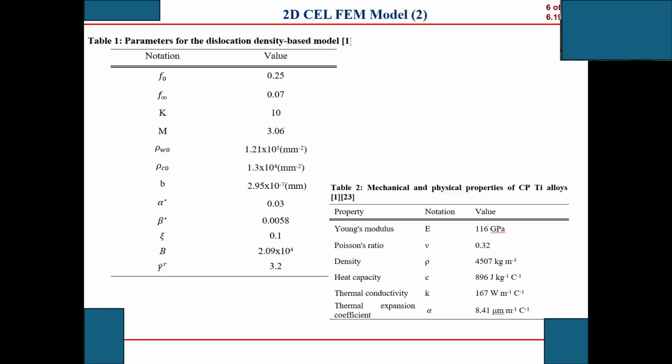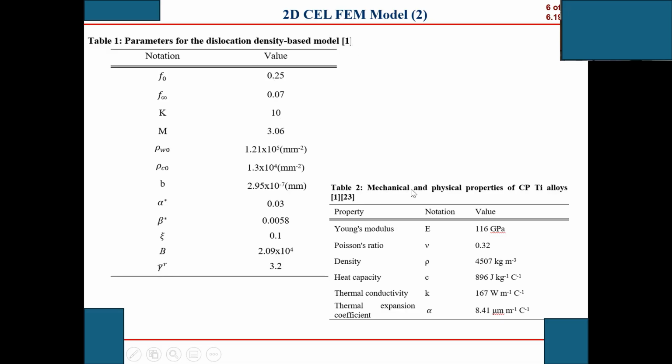And then we talk about the parameters, because we are going to use this density to model the evolution of distribution density. So here is a distribution density based model. These are the material parameters, and they are given from reference number 1.